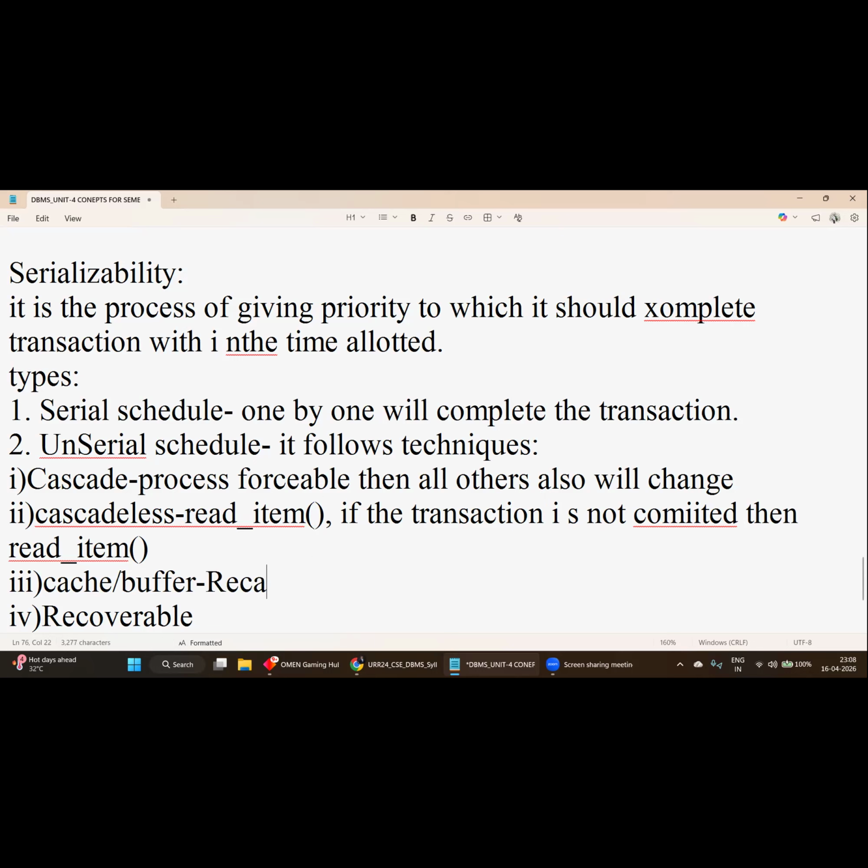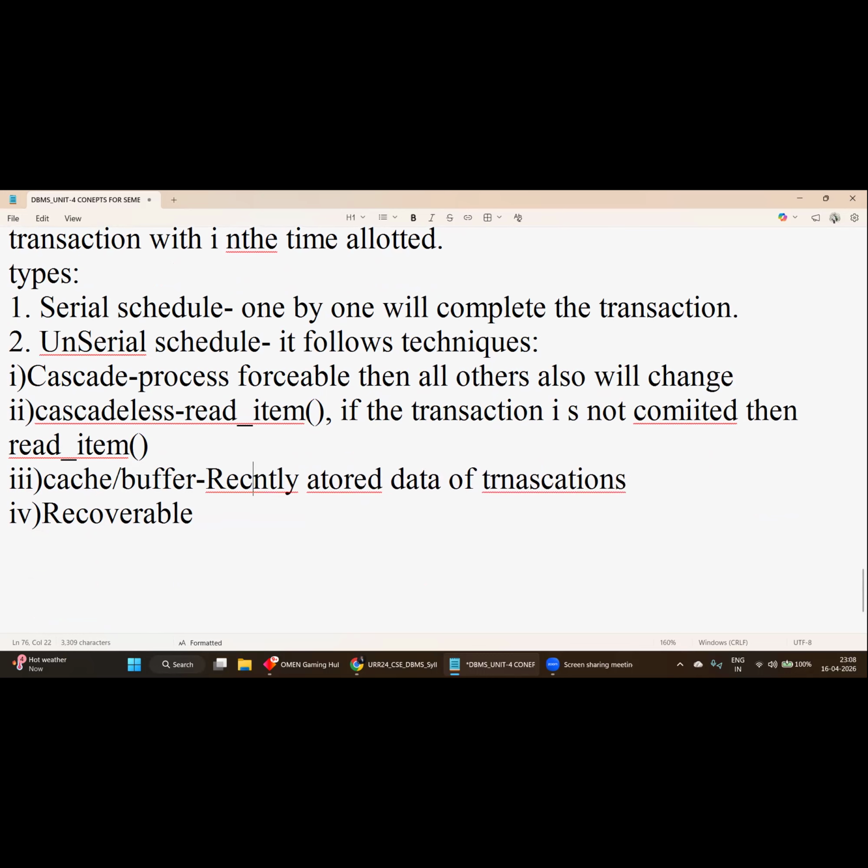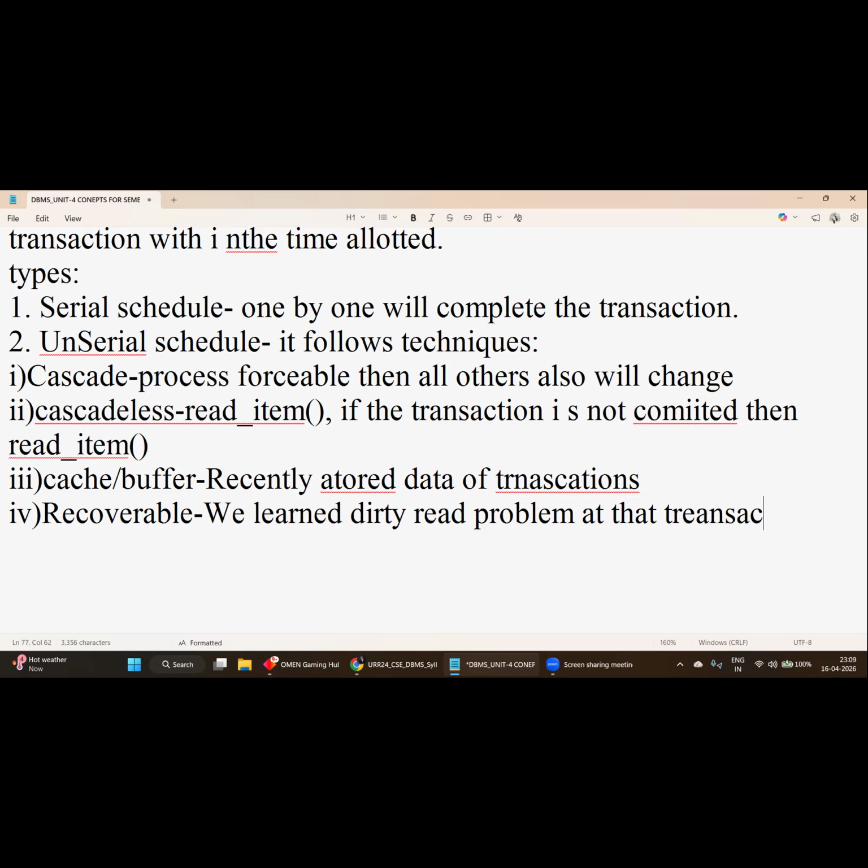Cascade means if one process is forcefully stopped, then others should also change or stop. Cache means recently stored data of a transaction, based on which the transaction is completed. Recoverable means we have learned about the dirty read problem. At that time, the transaction failed, so the initial value should be returned.